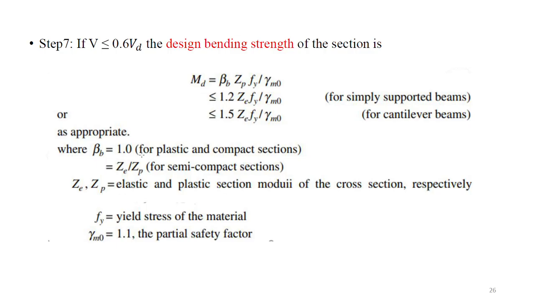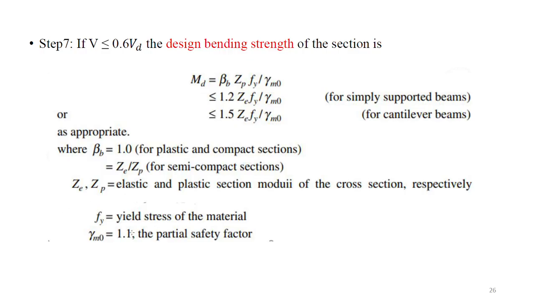After substituting this value in this equation, we find the Md value, where Zp is given in the steel table, Fy is the yield strength, and gamma m0 is known. This Md value should be less than or equal to 1.2 times Ze into Fy by gamma m0 for simply supported condition, and 1.5 Ze into Fy by gamma m0 for cantilever beam conditions, where Ze and Zp are the elastic and plastic section moduli of the cross section.